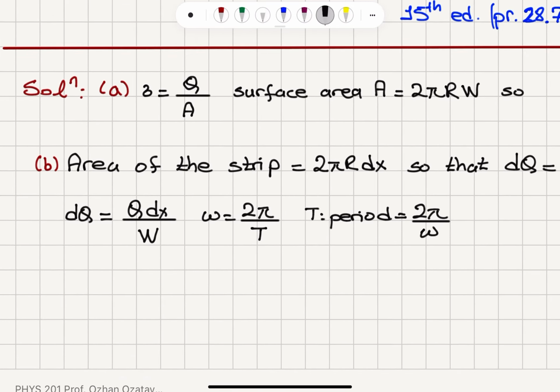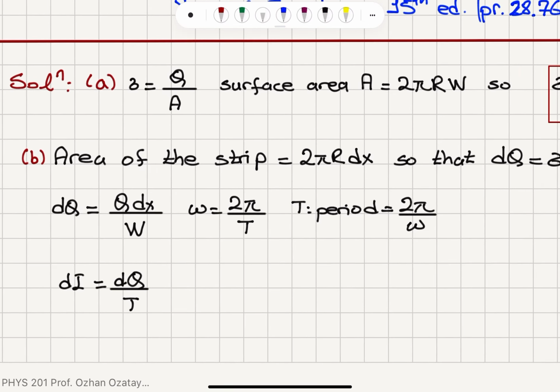So what is the current this strip carries? It carries a charge dq in one period. So in one period, one full revolution, it carries this total charge dq that we calculated as Q dx over W. So it is Q dx divided by W multiplied by omega divided by 2 pi, 1 over the period.